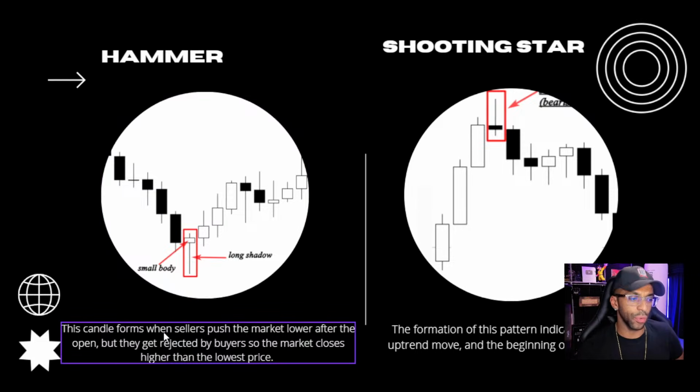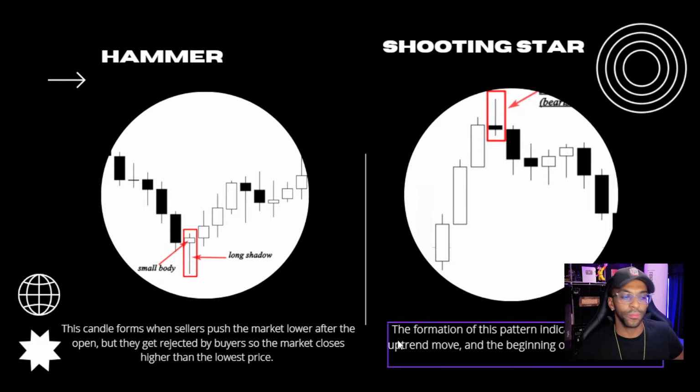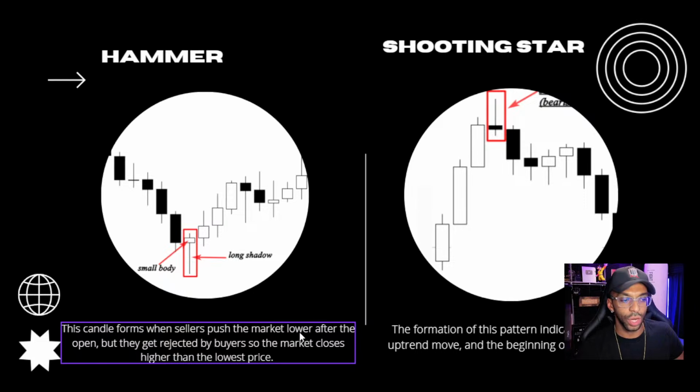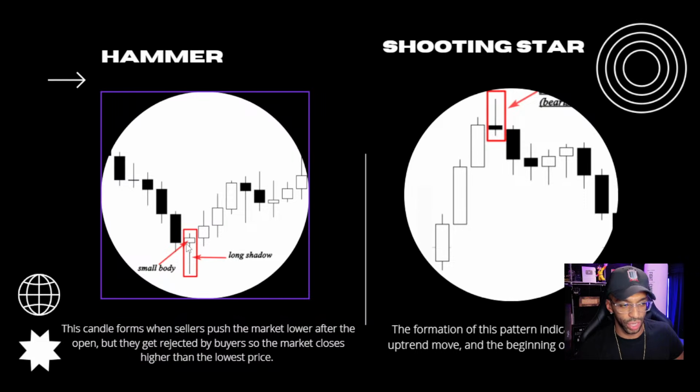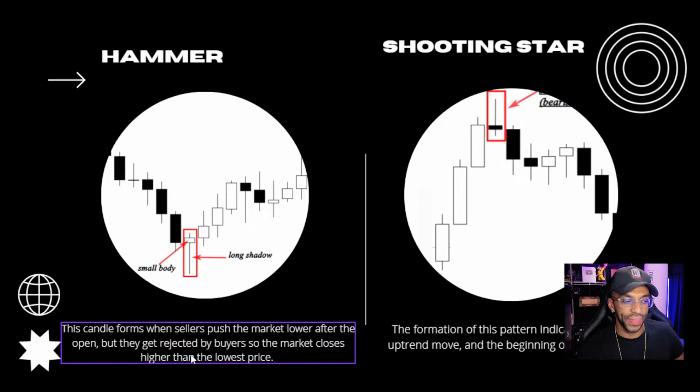So if you're looking at a hammer, for example, the hammer forms when sellers push the market lower after the open. So you guys see here, this candlestick opened right here. The sellers push this all the way down. So we got this long shadow or long wick to the bottom. Okay. But they get rejected by the buyers. So the market closes higher than the lowest price.